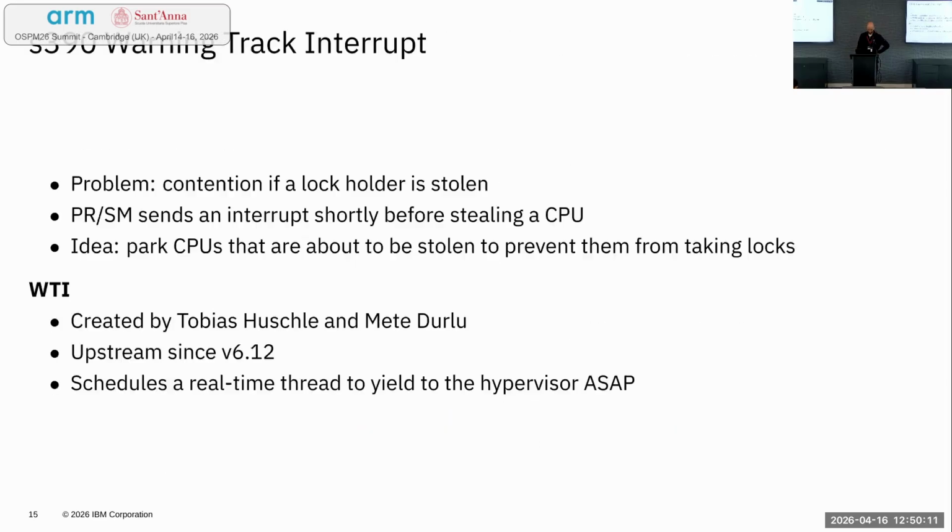And another feature is the warning track interrupt. This helps us deal with lock holder preemption to some degree. Basically, what happens is that this PR/SM hypervisor has a feature that it can notify the guest that it's about to steal a CPU. And what we do in this case is we wake up a special real-time thread. So I guess that's what was already mentioned. That's yet another instance of this trick. And what this real-time thread does is just immediately yield to the hypervisor.